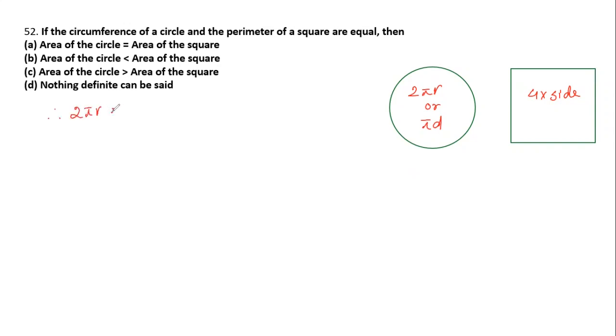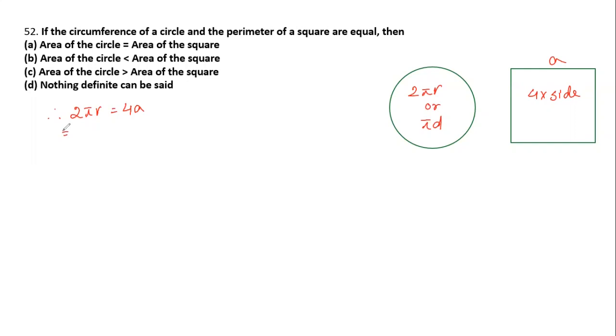So according to our given condition, 2 pi r is equal to 4a. Let's take the side as a. Okay, 2 pi r is equal to 4a. So 22 upon 7.